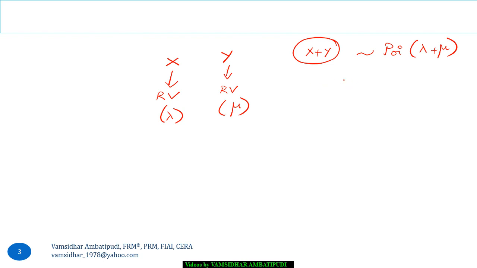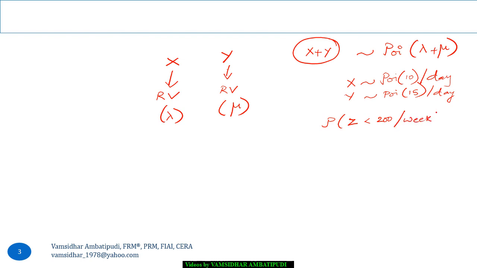Right? So the same example where x follows a Poisson distribution with a parameter 10, y follows a Poisson with a parameter 15, and we said these are per day. My question can now be: what is the probability that there will not be more than 200 phone calls per week for both the companies put together?